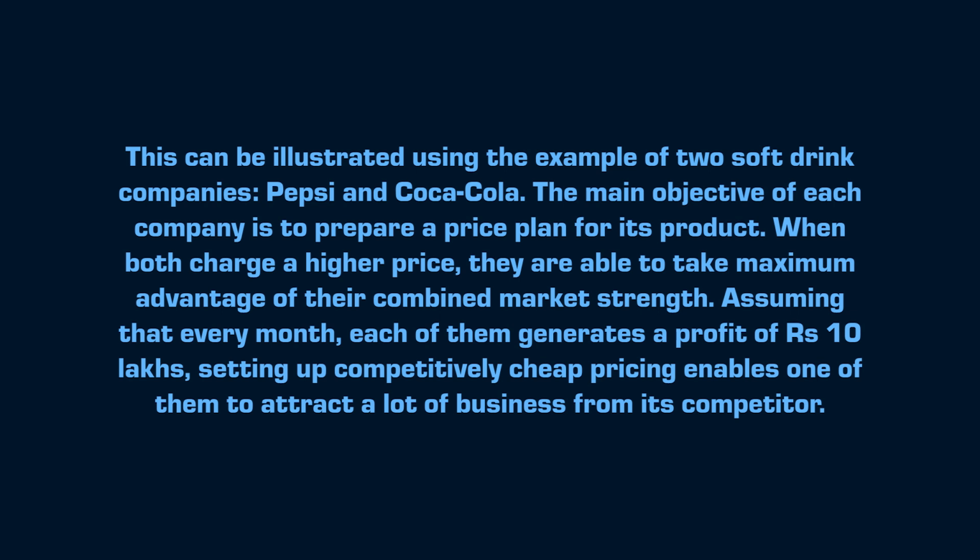When both charge a higher price, they are able to make maximum advantage of their combined market strength. Assuming that every month each of them generates a profit of rupees 10 lakhs, setting up competitively cheap pricing enables one of them to attract a lot of business from its competitor.